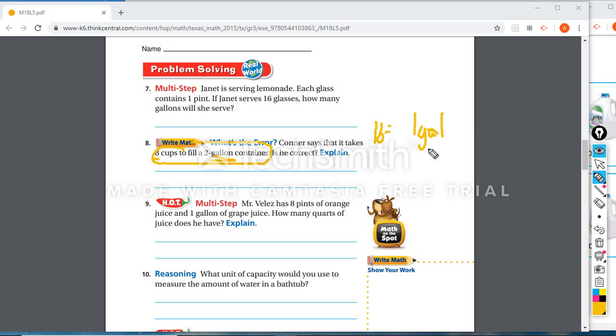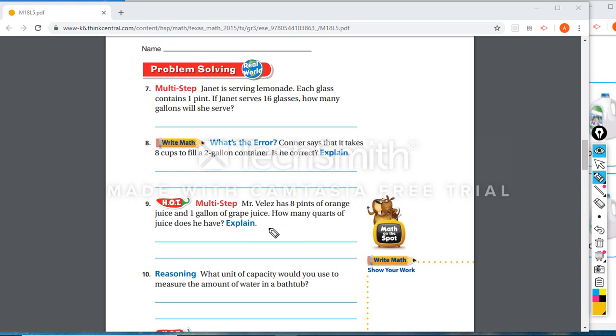So if he says it only takes 8 cups to fill 2 gallons, that is totally incorrect. To fill 2 gallons, you'd have to use 32 cups because you multiply 16 times 2. So that's why this is wrong. There's no way. It's way too small. Didn't even make a dent on it.